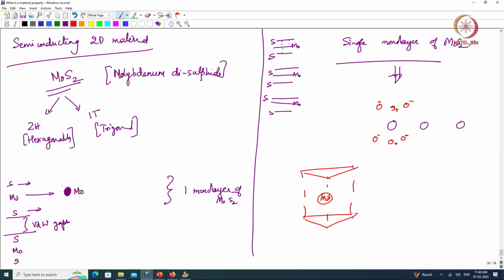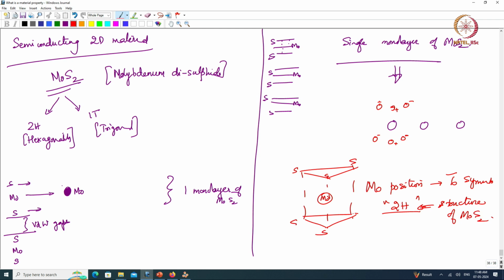So with respect to the molybdenum position, I have a 6 bar symmetry in this structure. This structure with a 6 bar point group symmetry is what is called a 2H structure of molybdenum sulfide. Okay. So this is sulfur, sulfur, sulfur, sulfur, sulfur.